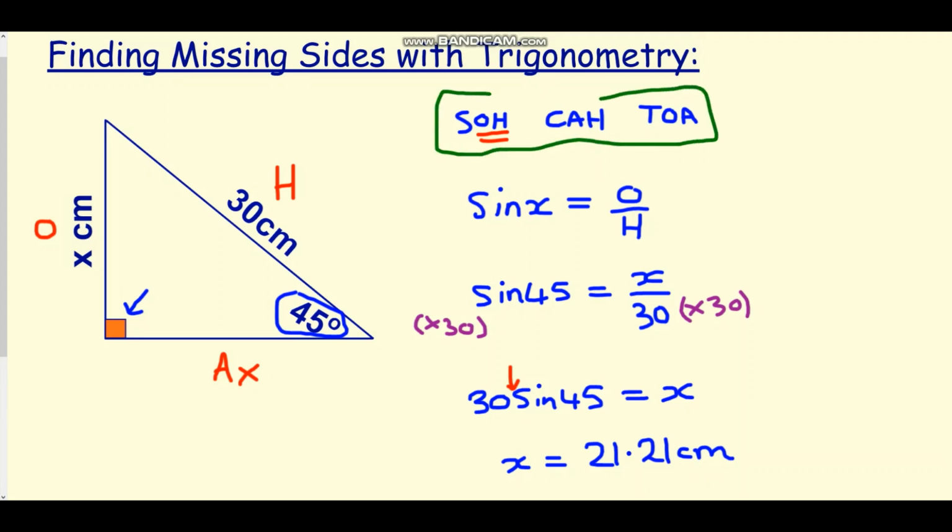So make sure you've got a note of it down in your jotter already. And if you've not, make sure you get a note of SOHCAHTOA so you can decide which of these three trig ratios you have to use for activity 1. Pause the video here, complete activity 1, and then come back to me for a little bit more instruction.